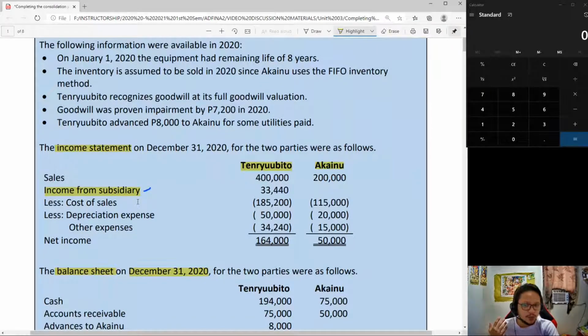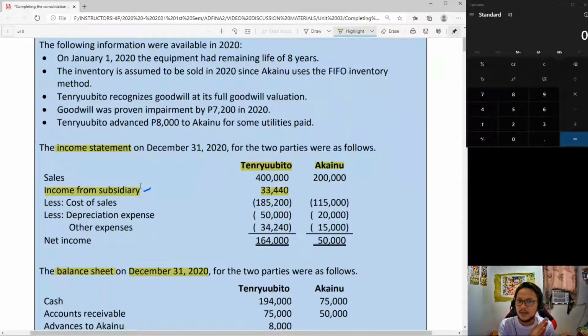Kasi that is going to determine kung cost method ba or equity method ang ginamit ni parent. And if income from subsidiary yung ginamit na account, that is a little hint na equity method tayo. Okay? Pero kapag dividend income from the subsidiary ang ginamit na account, that means that we are using cost model. So, just a little side tip there. But it's income from subsidiary, that is a little hint na maaaring equity method to.